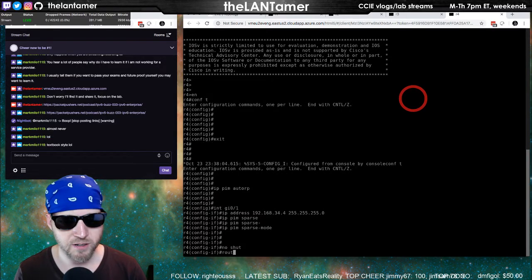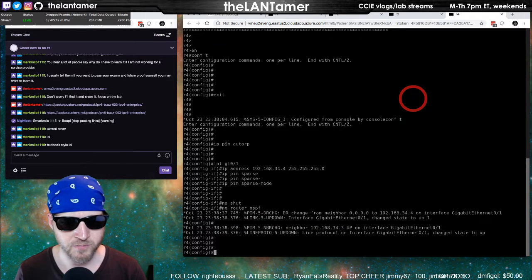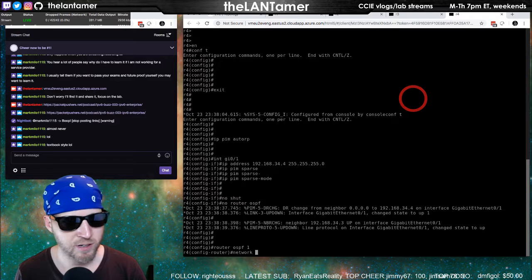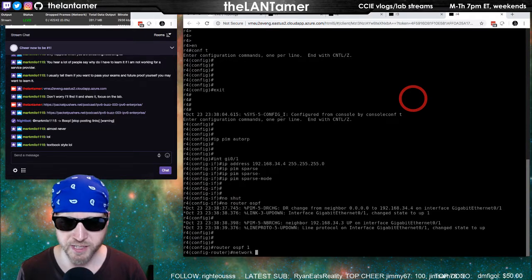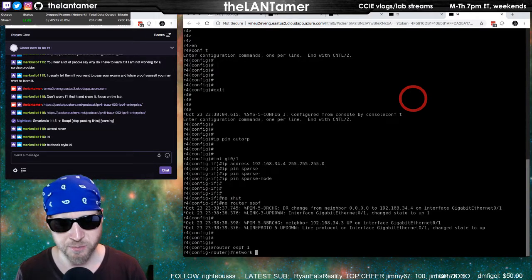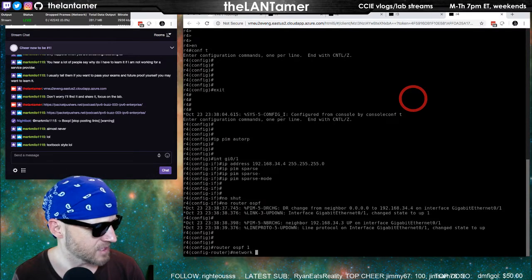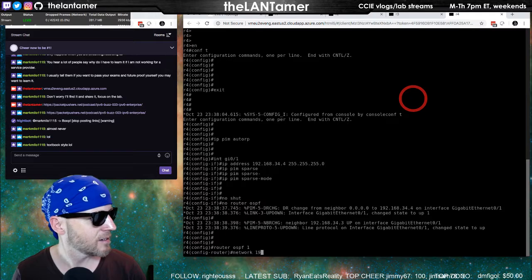No shut, no router OSPF 1, router OSPF 1. Remember, protocol independent multicast is dependent on, guess what? An IGP routing protocol, right? Interior gateway routing protocol.